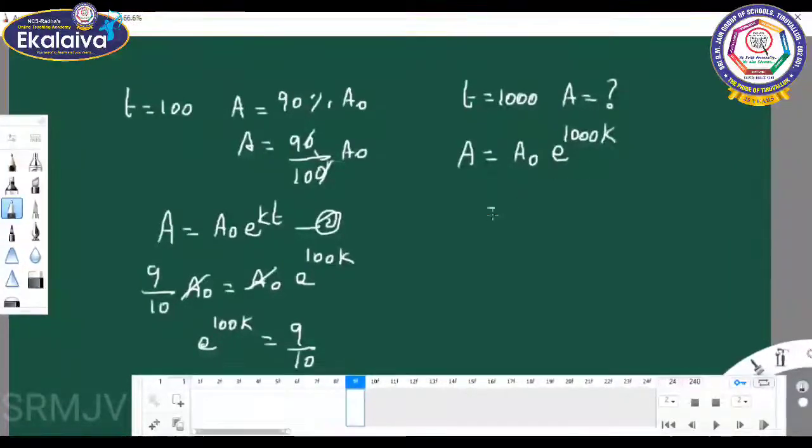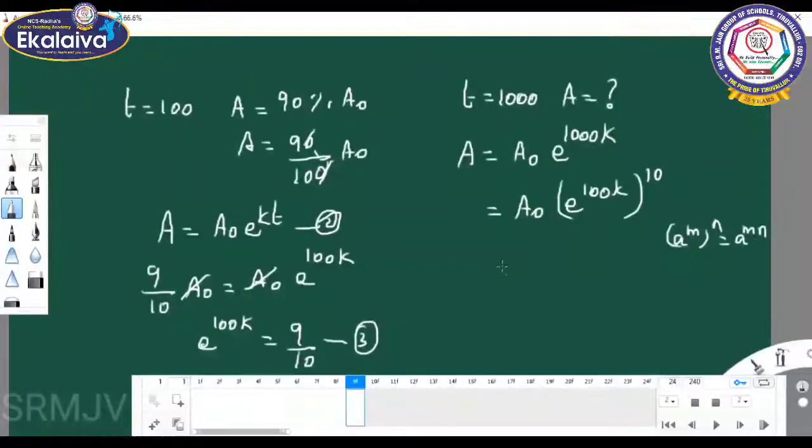Take this as equation 3: A equals A naught into e power 100k the whole power 10, because a power m the whole power n equals a power mn. So you can substitute the value: A naught into e power 100k, whose value is 9 by 10, the whole power 10.